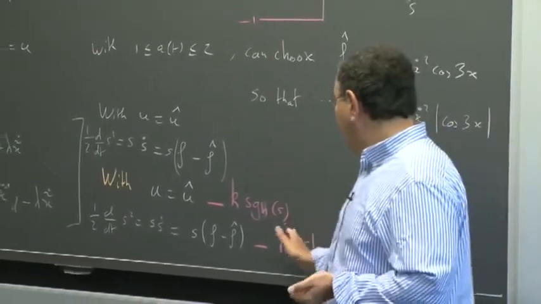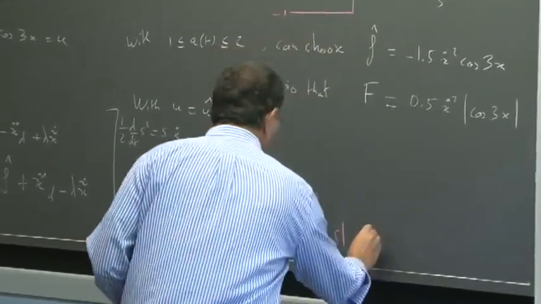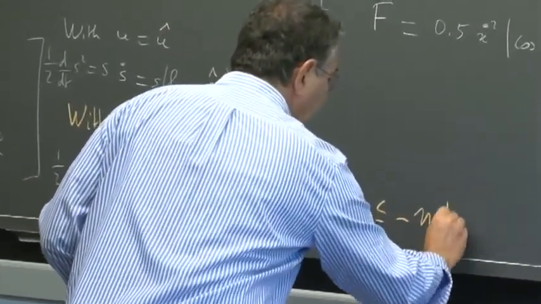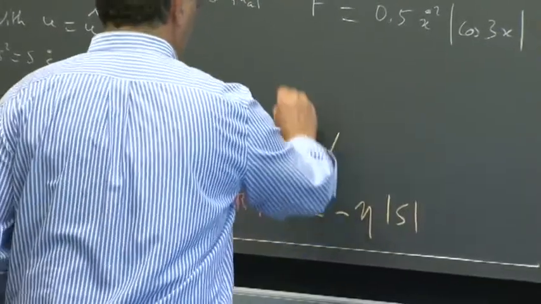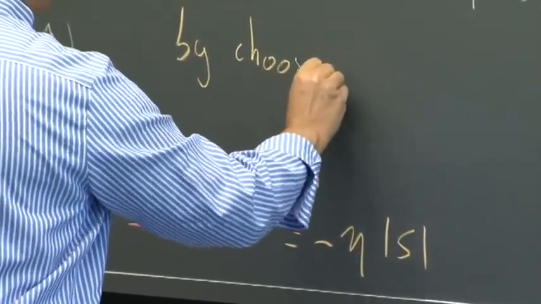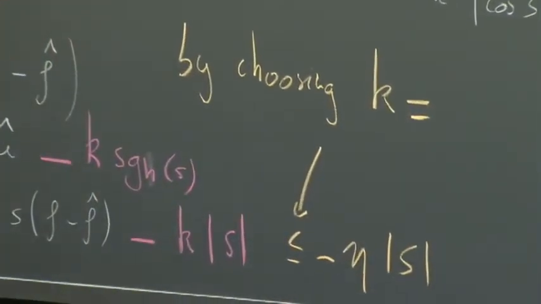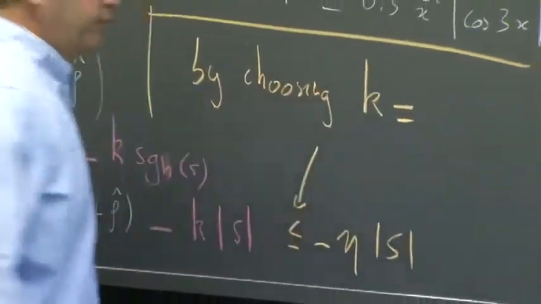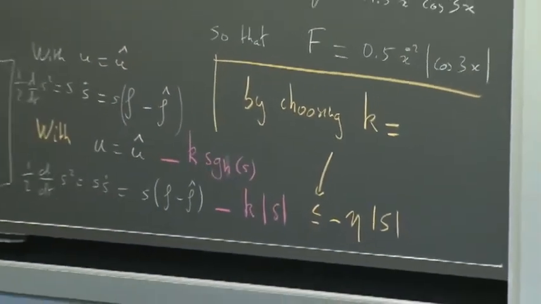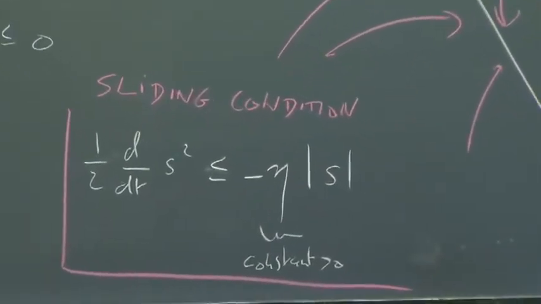So we see now what's going on. How can we make this less than minus eta absolute value of s? We can do this by choosing k equal to what? We have this k times absolute value of s term, which is nice, it looks exactly like we want.